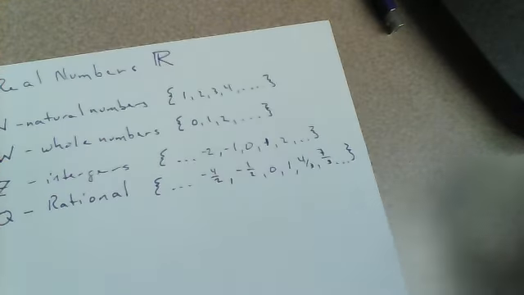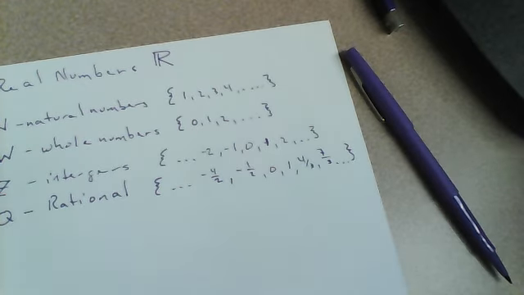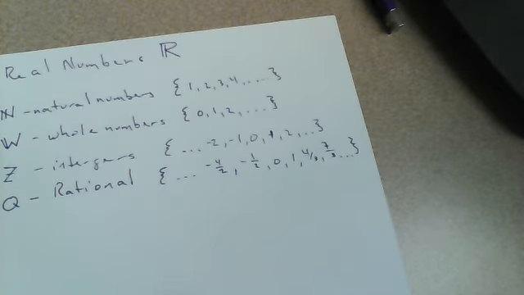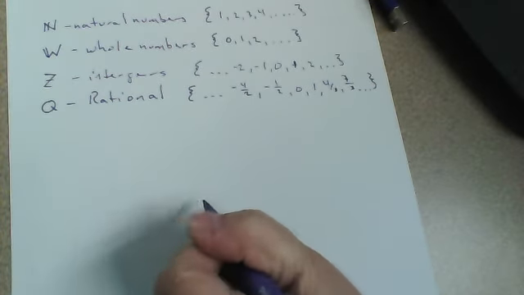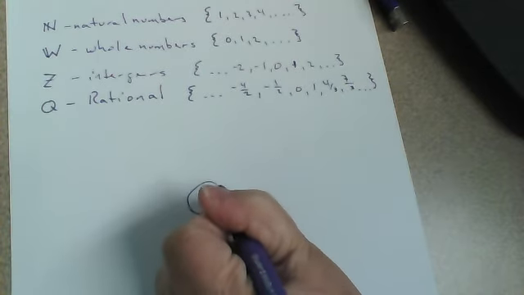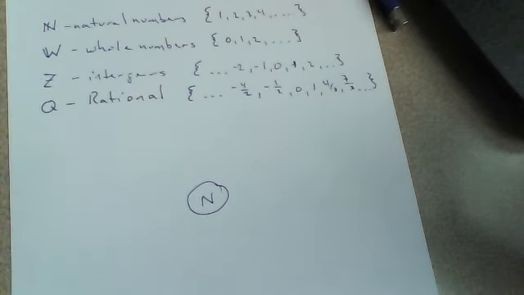So it's got every single whole number, plus all of those fractions that fit in between. So if we're looking at it in terms of a set, let me put this up here. Say I have our smallest one, our natural numbers, and they all fit in this circle. They're starting with 1, going on forever and ever, right?